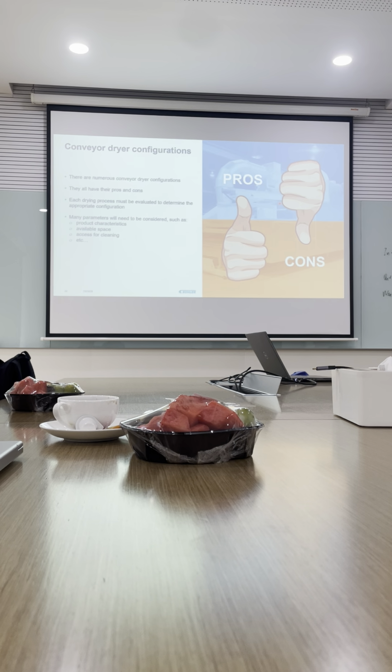They have some disadvantages and advantages. During the dryer design, there are many parameters to be considered, such as product characteristics, the space available, the access for cleaning, and some other important factors.